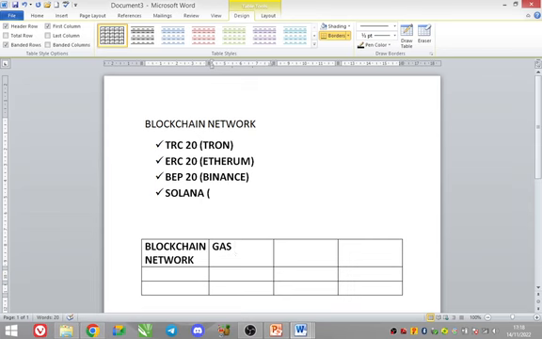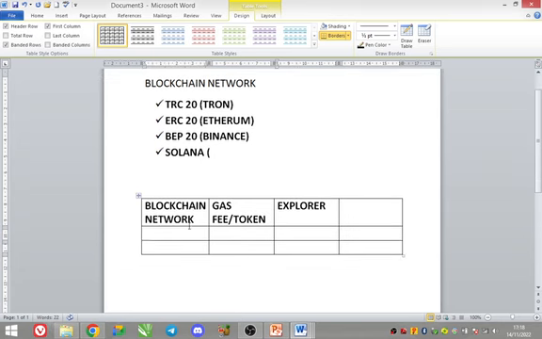The gas fee. You can put it as a gas fee, or instead of calling it the gas fee, the token that actually establishes this blockchain. We still have different kinds. Then the next thing, you can have their explorer where you can actually find their data and all of that.